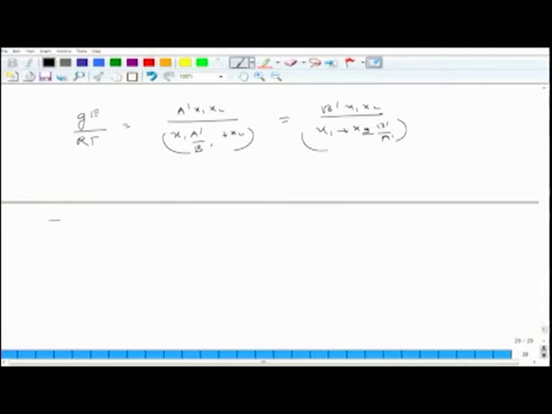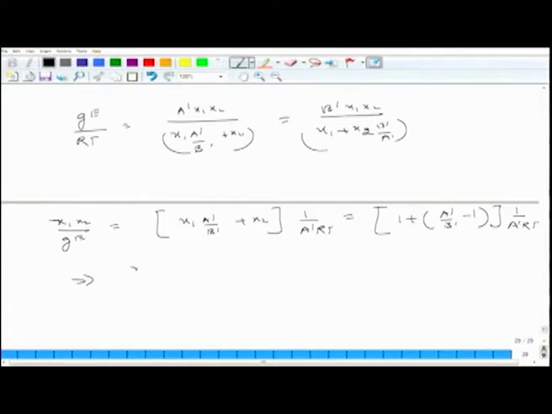So let me rewrite this expression in this form: x1 x2 divided by GE can be written as x1 (A dash by B dash) plus x2 (1 by A dash RT)... or I can write this as (1 plus A dash by B dash minus 1) by A dash RT. Okay.